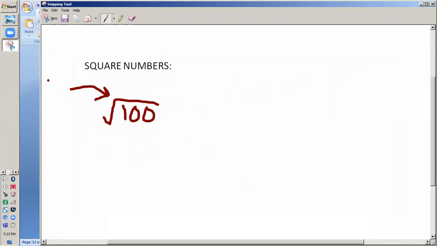So you have square and you have square root. Now the square root of a number is just a number that, when multiplied by itself, gives you back that original number. So the square root of 100 is what? 10.